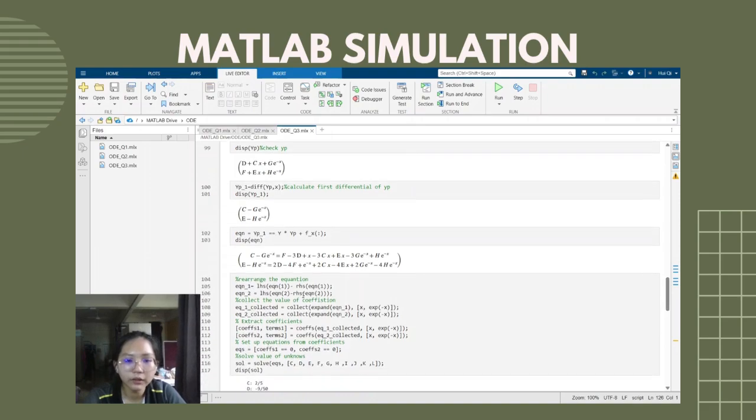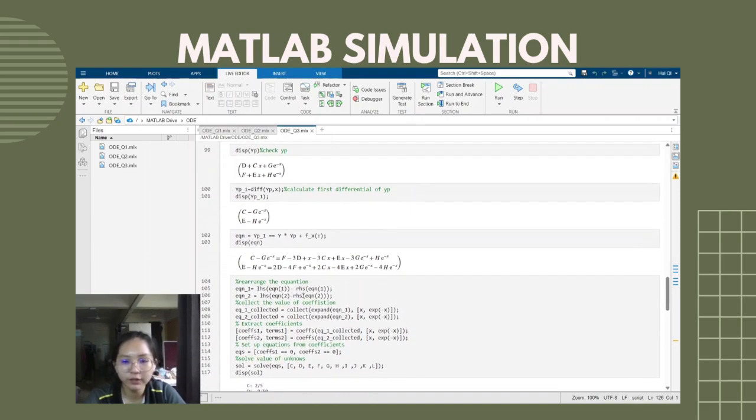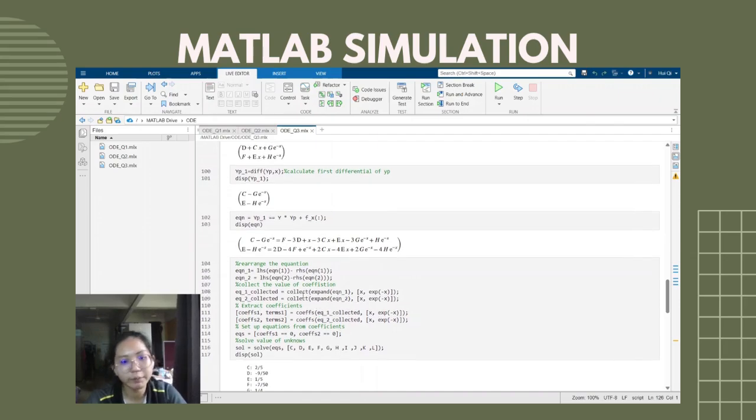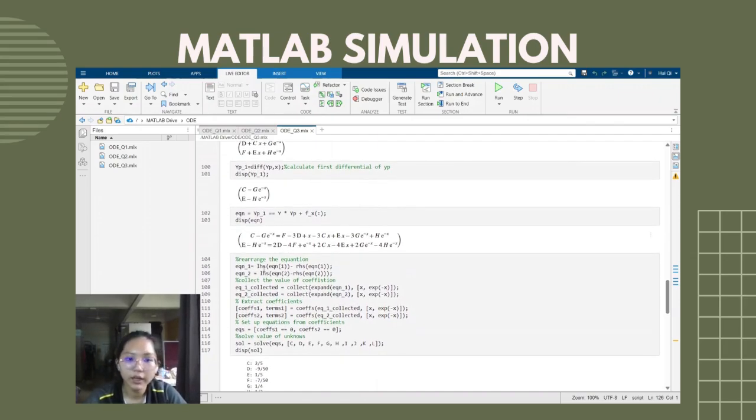So to collect the different coefficients and find the unknown values, we need to rearrange the equation by left hand side minus right hand side, and we got two equations for that. So this is to collect the different coefficients of x and y, and next we collect it in terms.